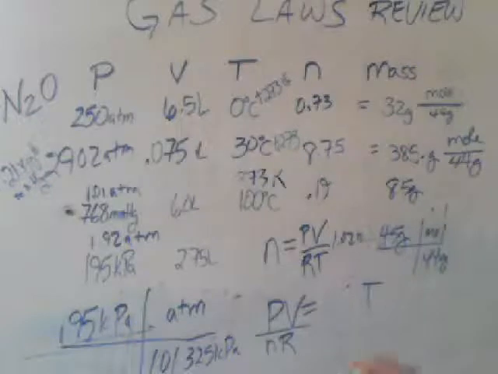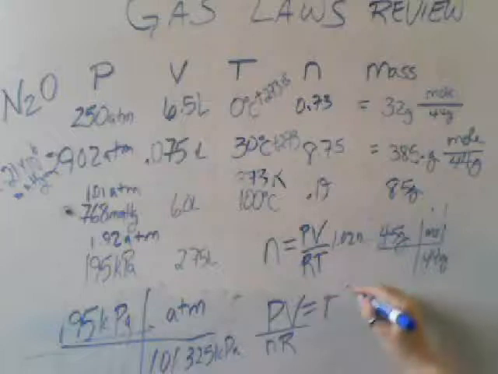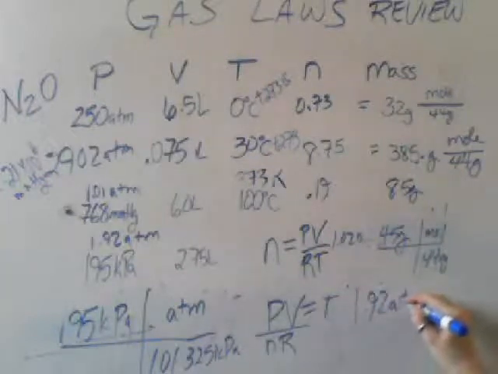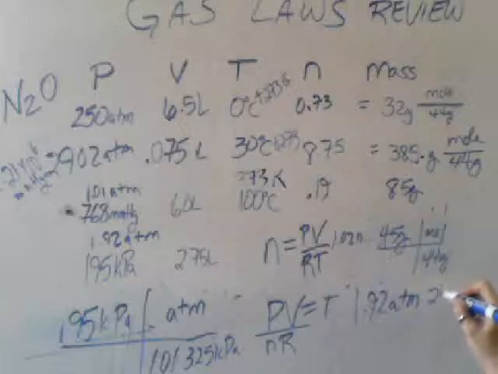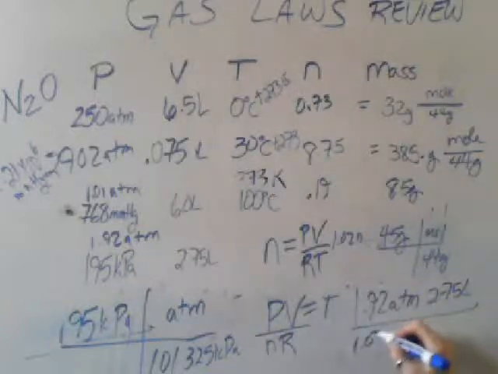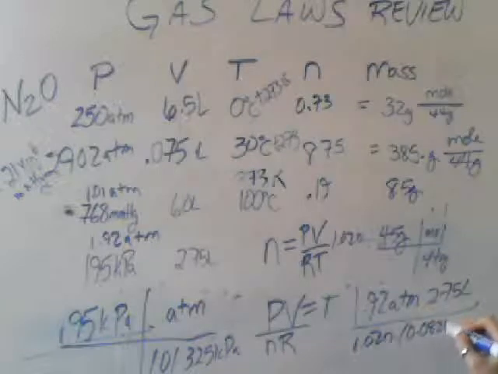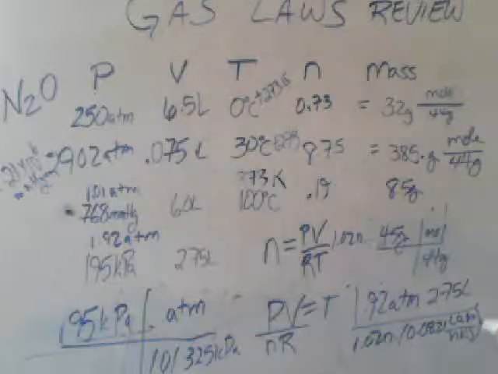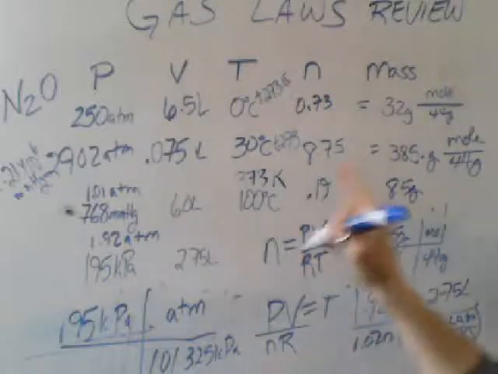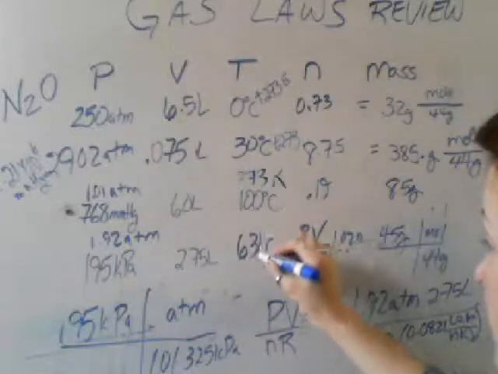So as we do that, we plug in our 1.92 atmospheres times our volume of 2.75 liters divided by 1.02 moles and our R, which is 0.0821 liter atmospheres per mole Kelvin.